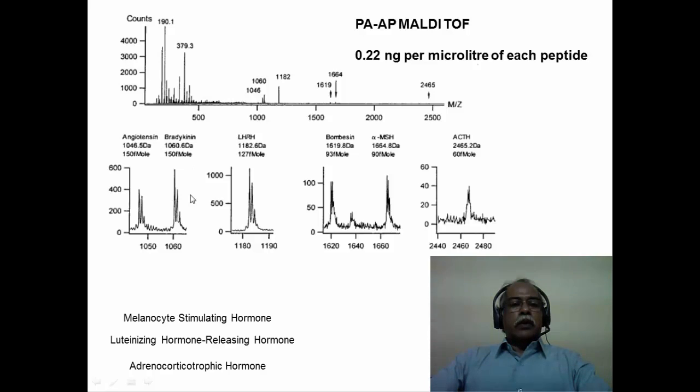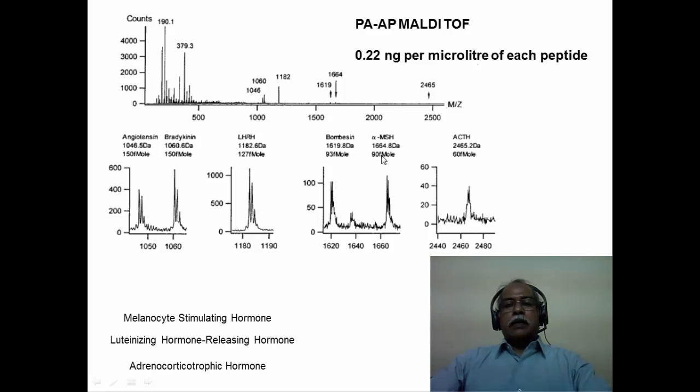The molecular weight 1046 is recorded here, 1060 is recorded here for this particular compound, and this is luteinizing hormone releasing hormone. This is another hormone with a molecular weight of 1182, and about 127 femtomolar concentration is what is injected in the MALDI spectrometer to obtain this particular spectrum.